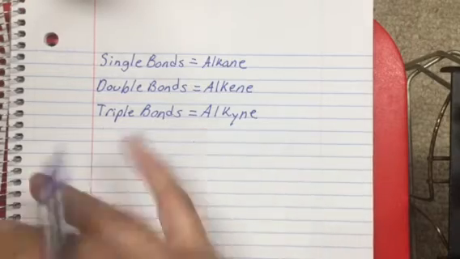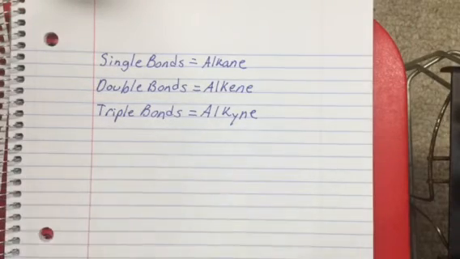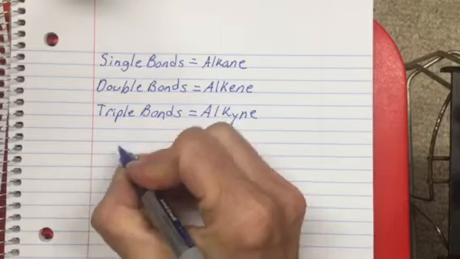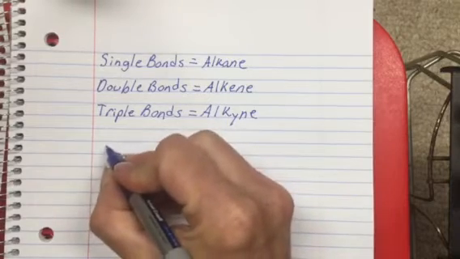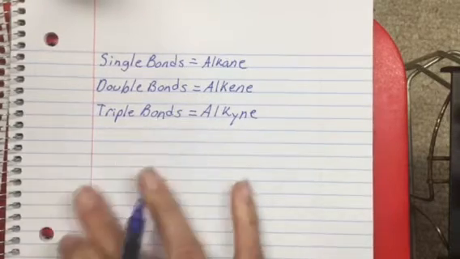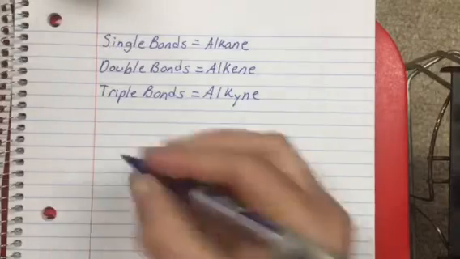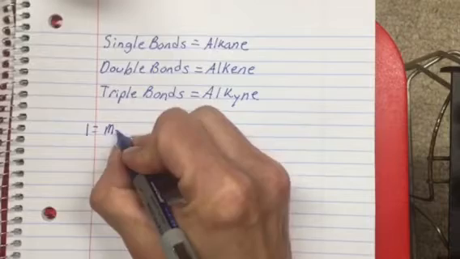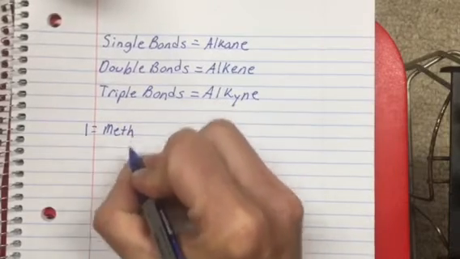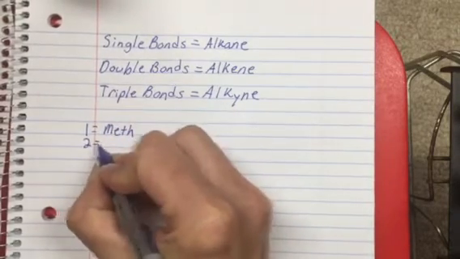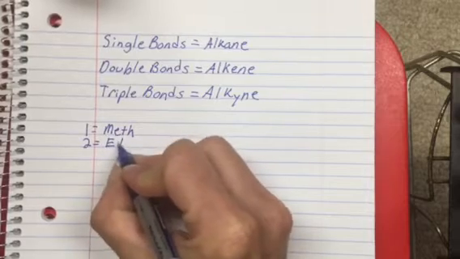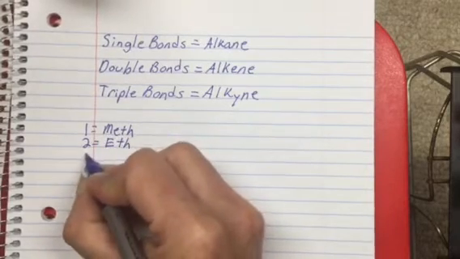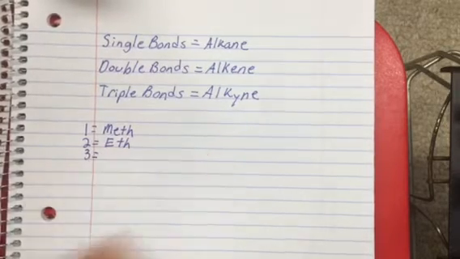The prefixes, and they're on the worksheet, are based on how many carbons are in the molecule. So 1 carbon, we use the prefix meth. 2 is eth. I'm only going to give you the first few here, because I want you to be able to pronounce them.